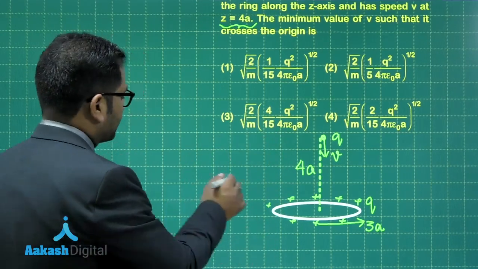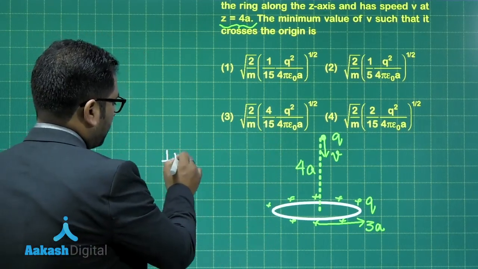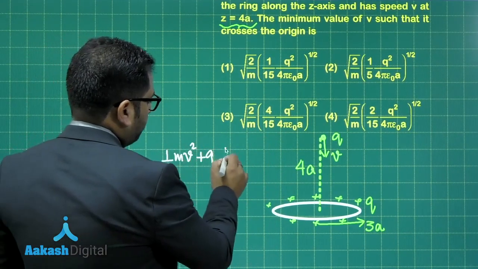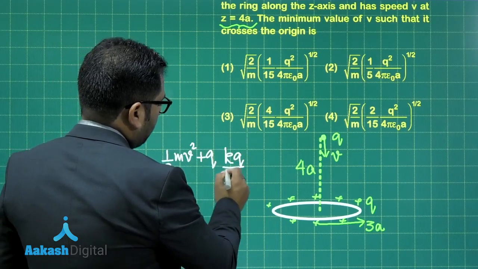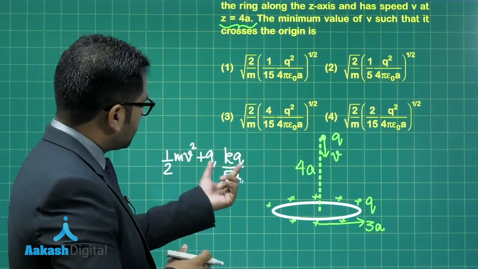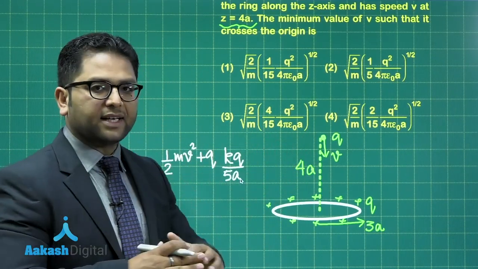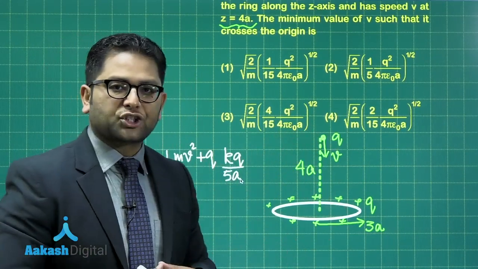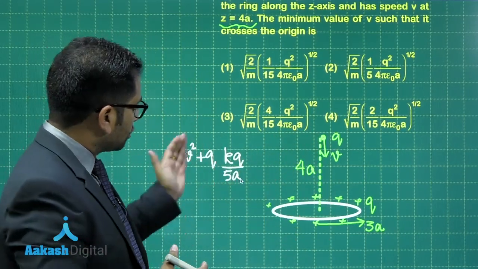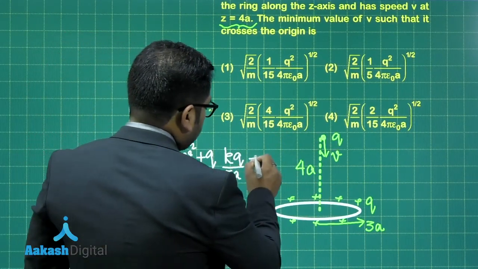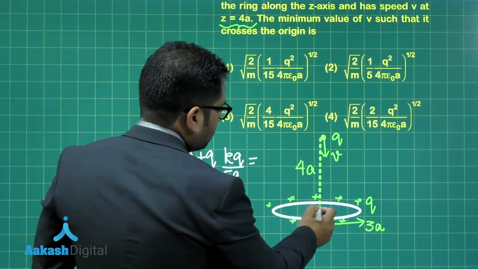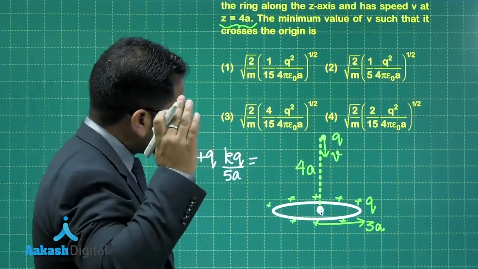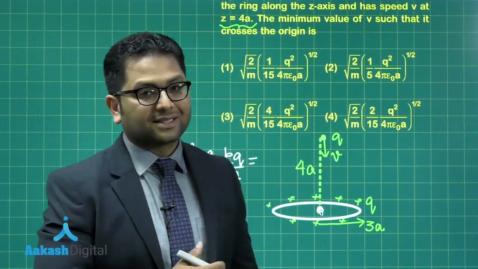The mechanical energy is constant, and therefore it will be 1/2 mv square plus Q into kQ by 5a. That's the potential due to the ring at this point, kQ divided by under root of z square plus r square, multiplied by the test charge. So that gives the total potential energy, and when we equate, by the time it reaches the origin, the kinetic energy would be just equal to 0, because that is the condition we are satisfying.